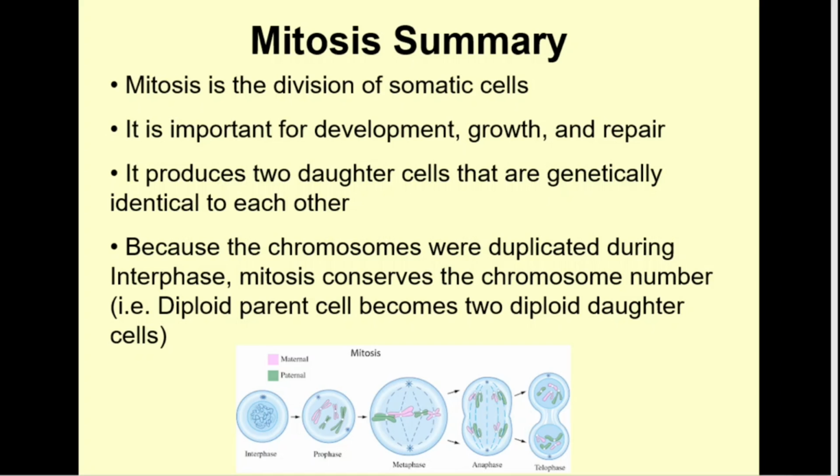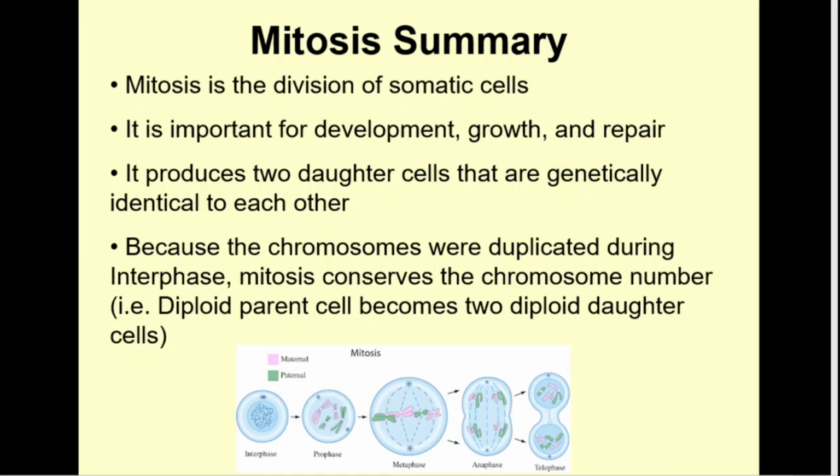So we start off mitosis with 46 chromosomes, and we finish mitosis with two daughter cells that also have 46 chromosomes. We say that the parent cell is diploid, so it has two complete sets of chromosomes, and then each daughter cell is also diploid.